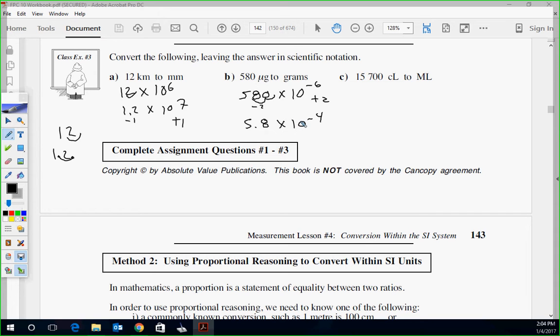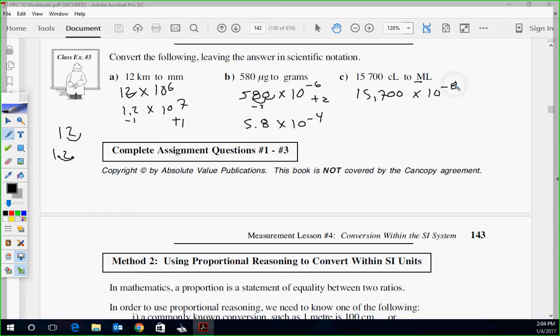All right, 15,700 centiliters to megaliters, a big M. So that's megaliters. What's that going to be? 8, good. It's 2, excuse me, 2 plus another 6 to the left, so negative 8.